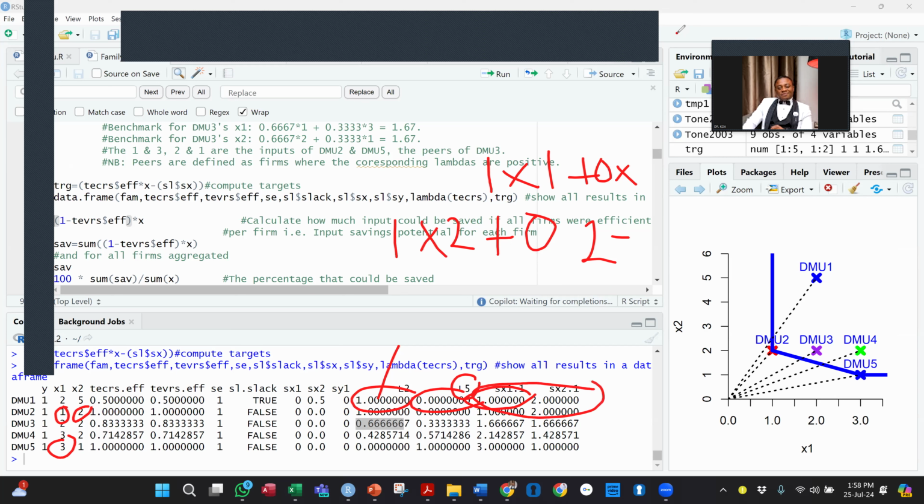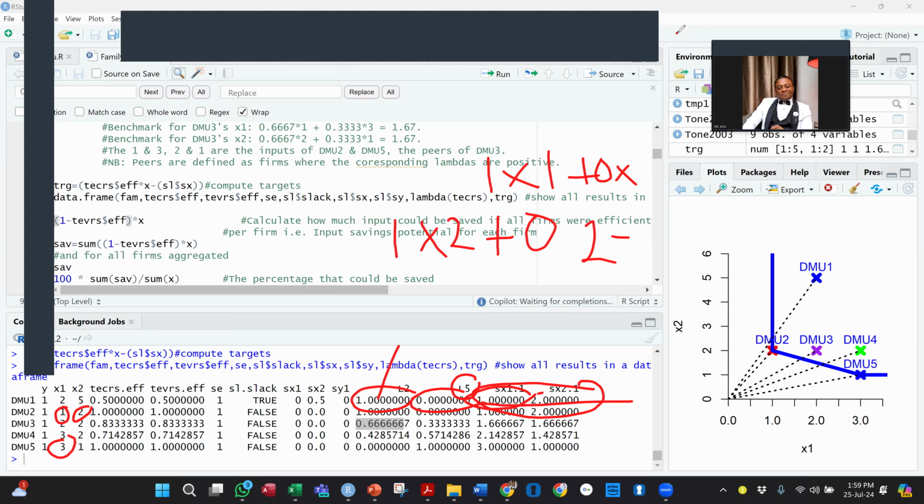Because if I should give you the values, you will just go and look at the values and give me the answers. So normally when I give you these things, I will delete this section here so that you will calculate the target using the two approaches.